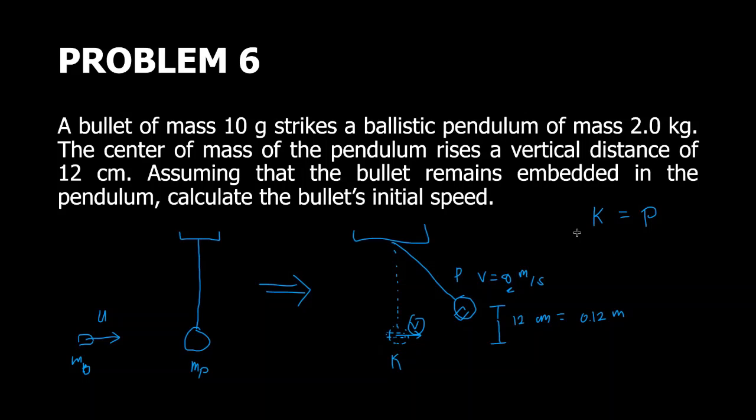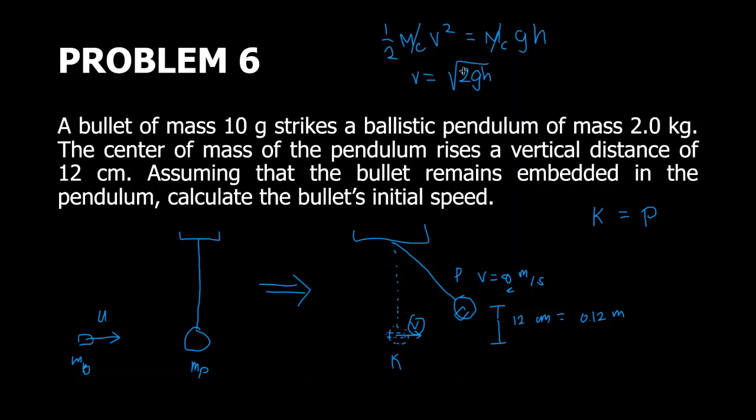The kinetic energy is 1/2 the mass of that body, the embedded bullet plus the pendulum, times the velocity squared, is equal to the potential energy. That is the mass of the center of mass, times gravitational acceleration times the height. The mass cancels and you will get V equals the square root of 2 times g times h.